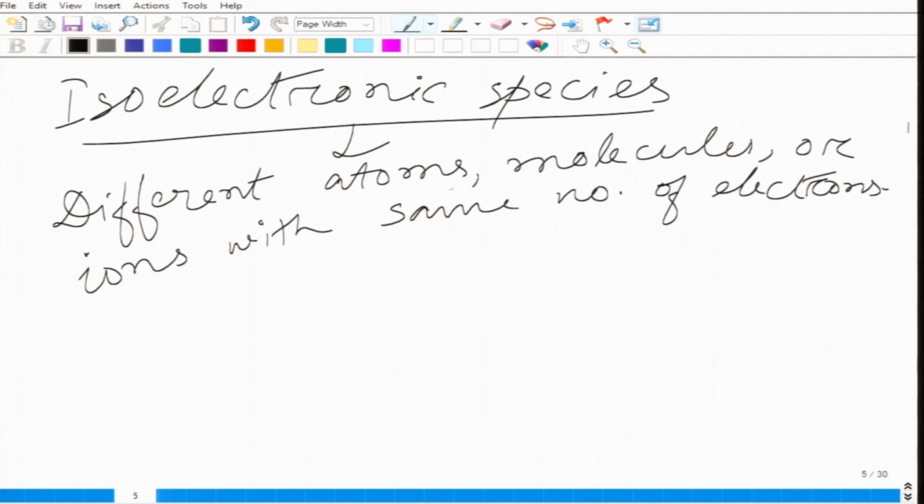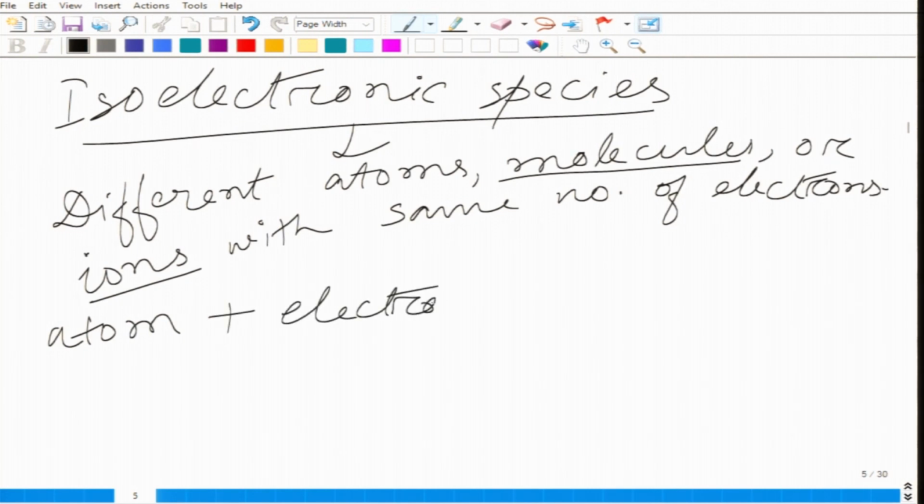So, this can be molecules or ions also. So, what are ions? Ions are positively charged or negatively charged species. That is, if one atom accepts extra electrons, then they have a negative charge. These are called anions.